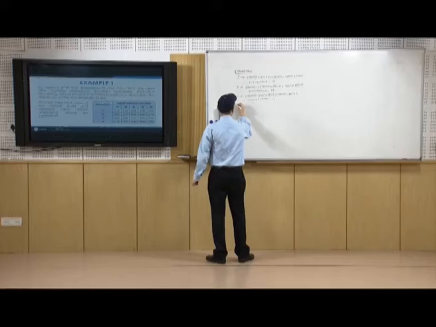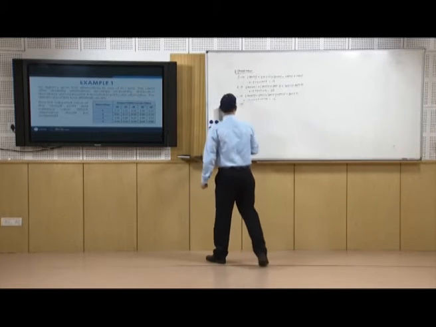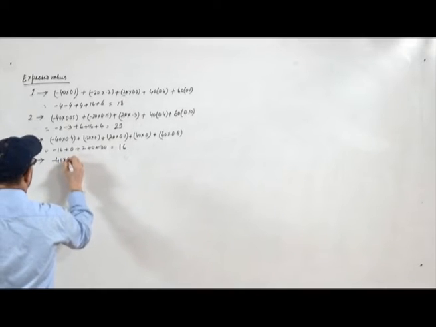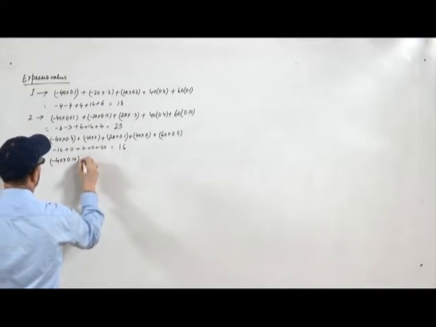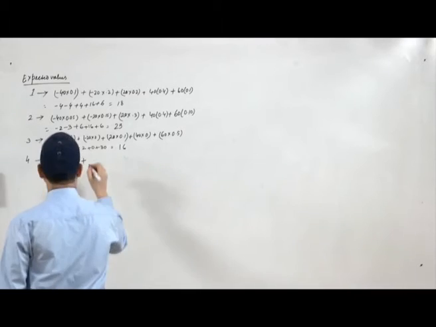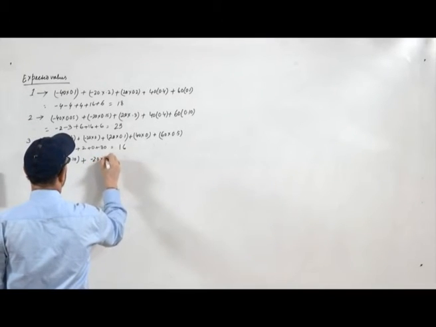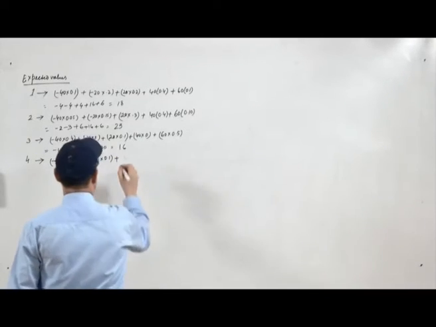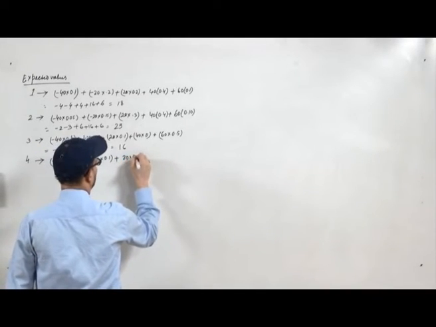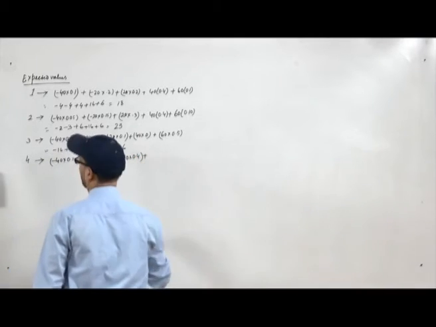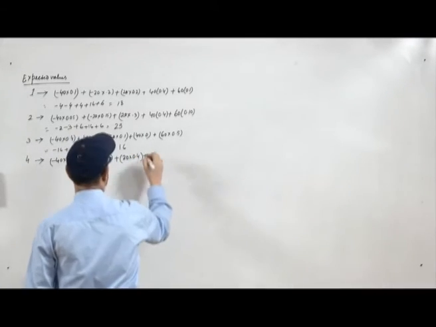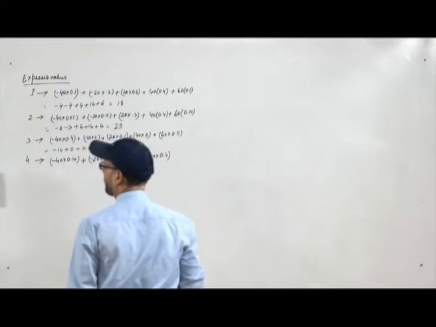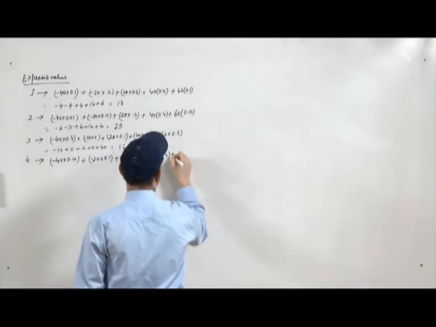Then for the fourth alternative, we have minus 40 into 0.1 plus minus 20 into 0.1 plus 20 into 0.4 plus 40 into 0.4 plus 60 into 0.